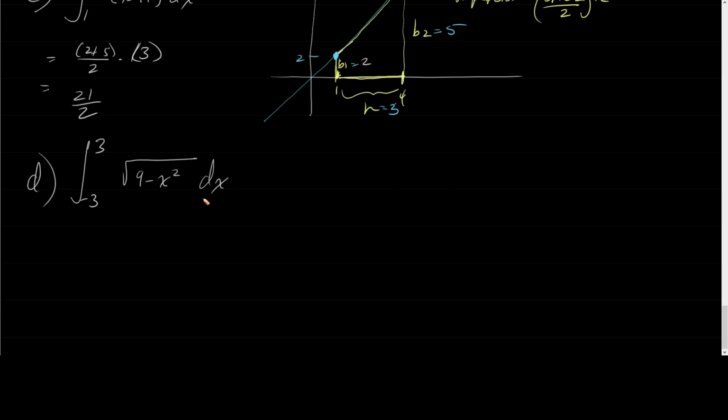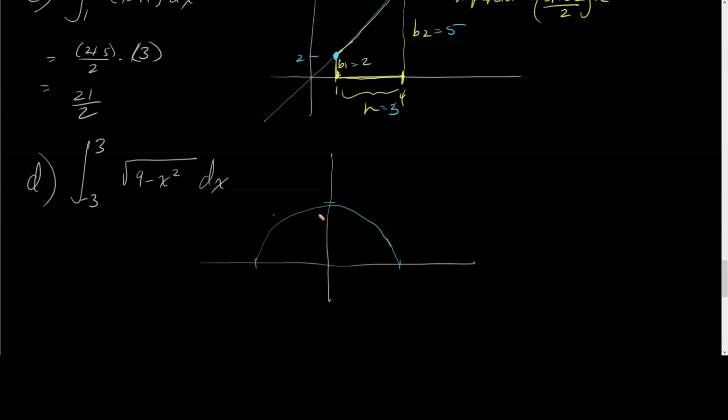All right, hopefully you already thought of the shape before I draw it for you, because I would like you to know what that function looks like overall. And that shape is a semicircle. All right, it's the top half of a circle. And this is going from negative 3 to 3. And the radius here is the square root of 9, which is 3. So it looks something like this.